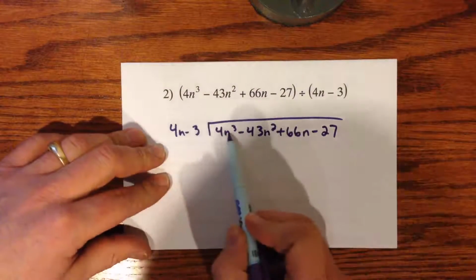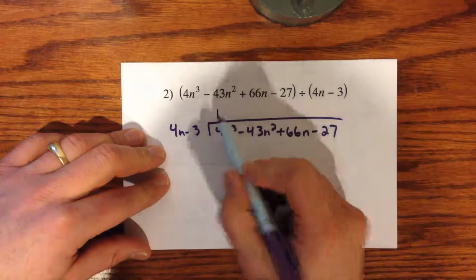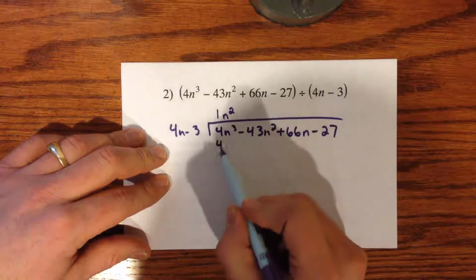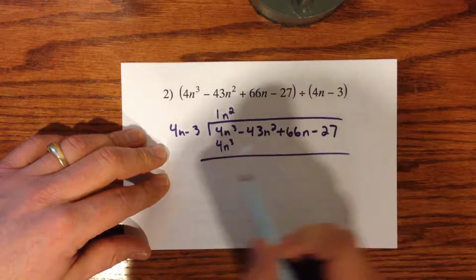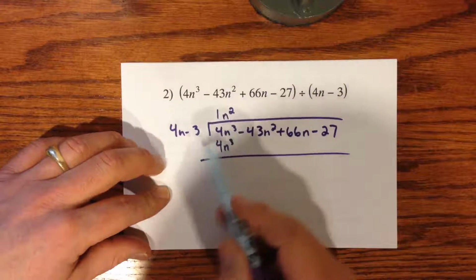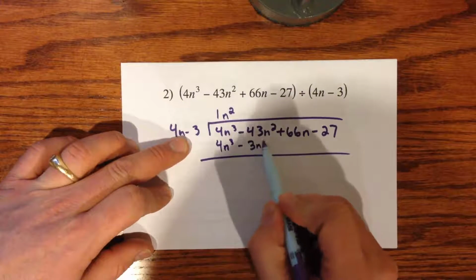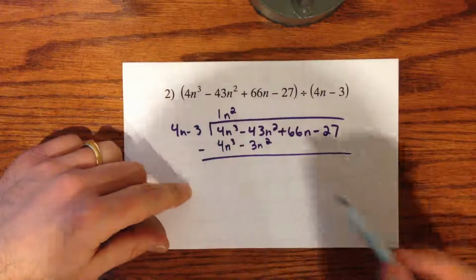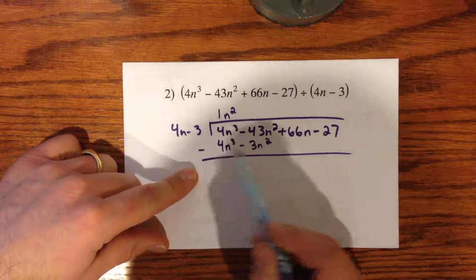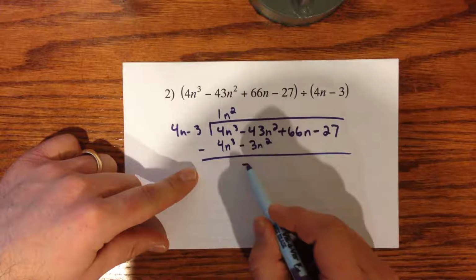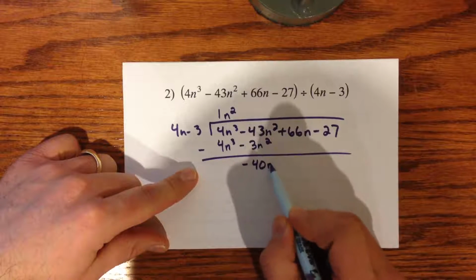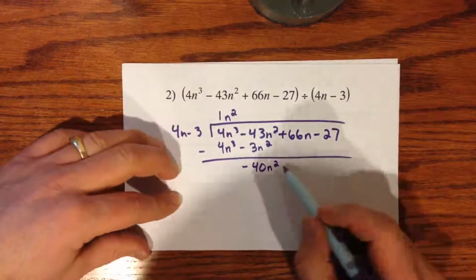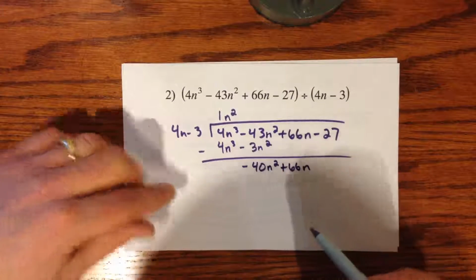Alright, 4n goes into 4n cubed, 1 full time, and I need n squared to get n cubed. Think about it. N squared times negative 3 is negative 3n squared. I'm subtracting here, so a double negative is going to make that plus. So this looks like it's negative 40n squared plus 66n.